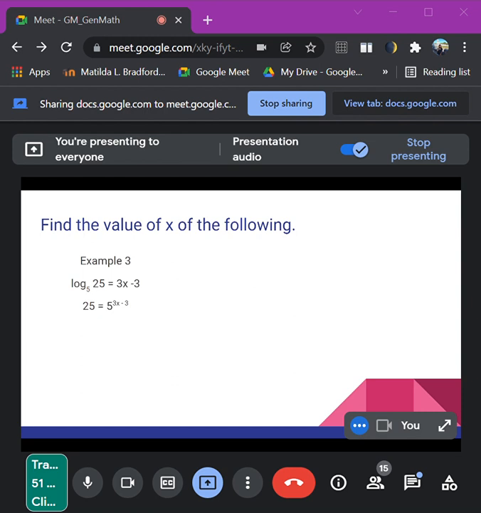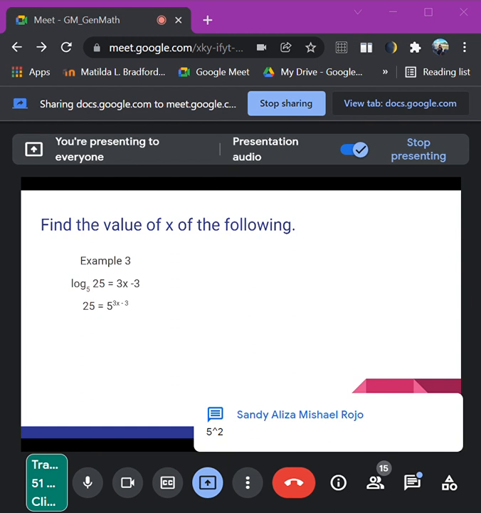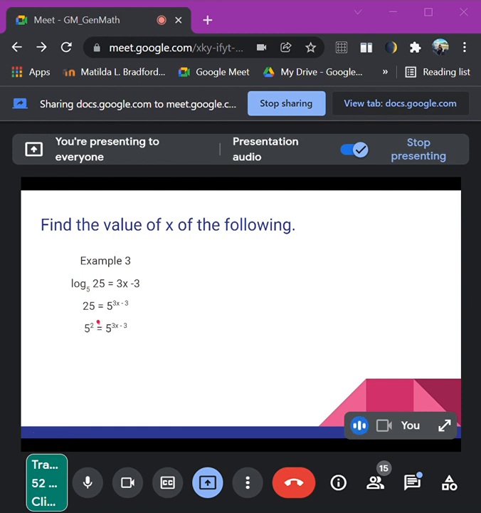Base 3 is same sa 5. Okay, very good. Same ang base. So, unsaon man nato ang 25? So, what will happen to 25? Okay, it will become 5 raised to 2 or 5 squared. So, from 25, 5 raised to 2 is equals to, copy lang nato siya, 5 raised to 3x minus 3.